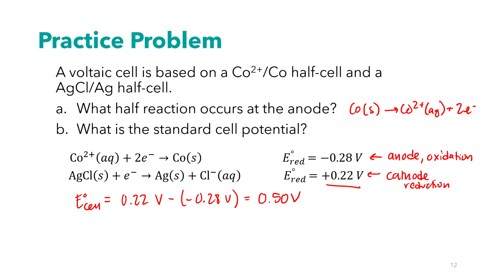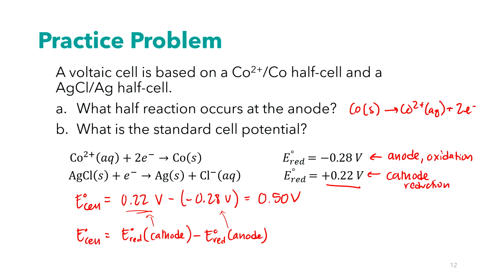So I know that this equation is the standard reduction potential at the cathode minus the standard reduction potential at the anode. So whatever is here has to be my cathode. Whatever the first term, wherever that came from, has to be my cathode. This second term has to be from my anode.